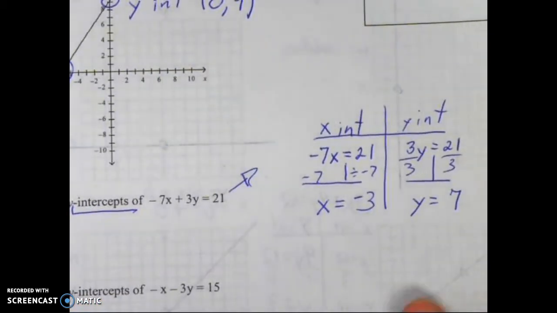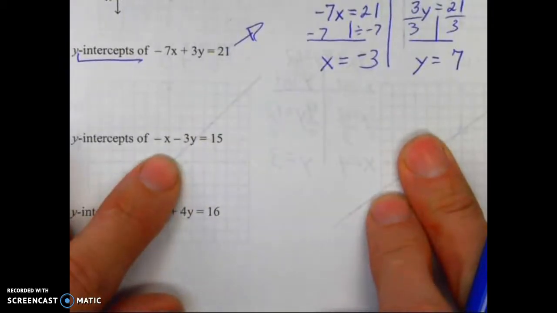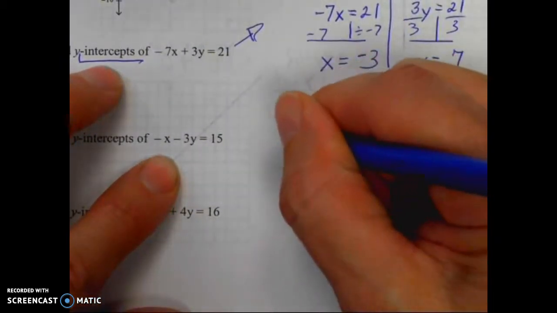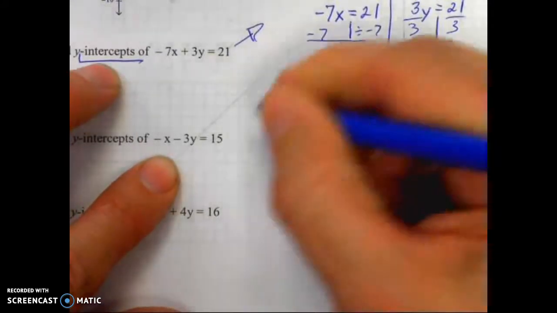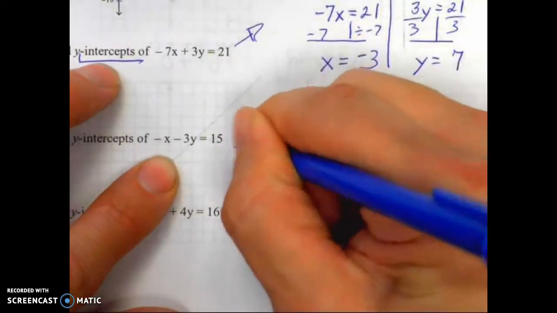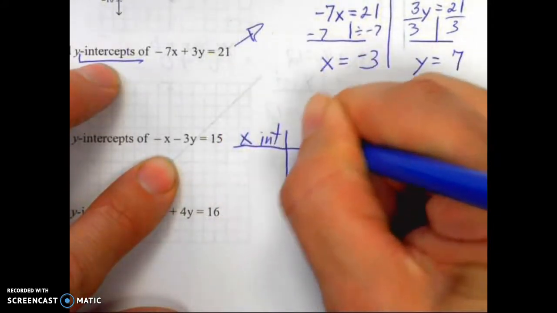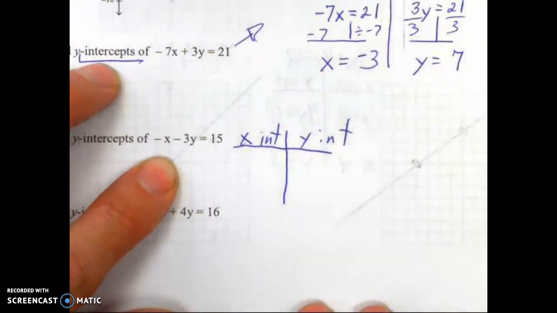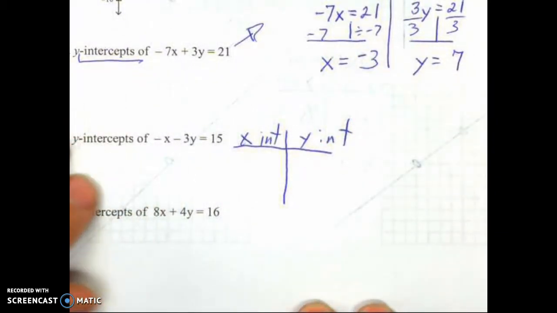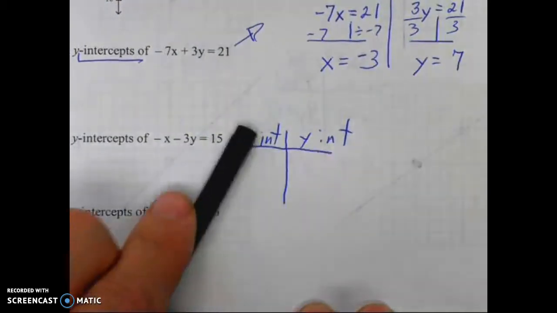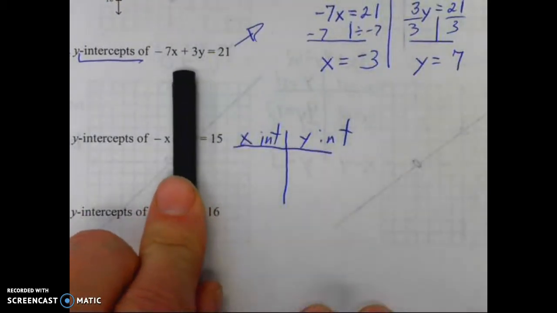Okay, we have another intercept. All right, here we go. Not any bit different. Make my table. X-intercept, y-intercept. Okay, again, the x-intercept means we keep the x. So I'm going to get rid of the y, and you got to be careful.